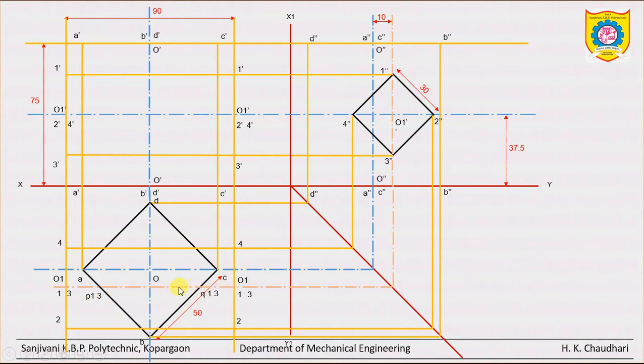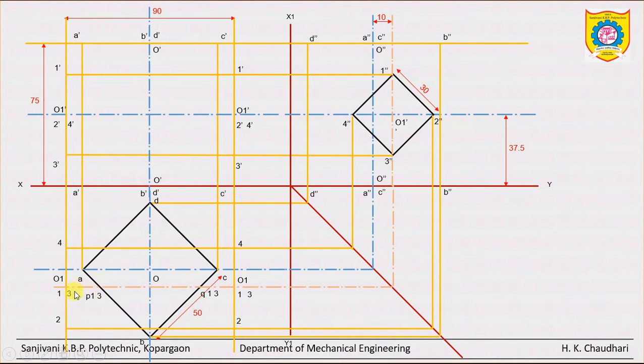Now the point where this center line intersects AB and BC, that means the edges 1 and 3 of this prism start penetrating this face BC at this point Q1 at the top and Q3 at the bottom, and leave the prism at points P1 and P3.